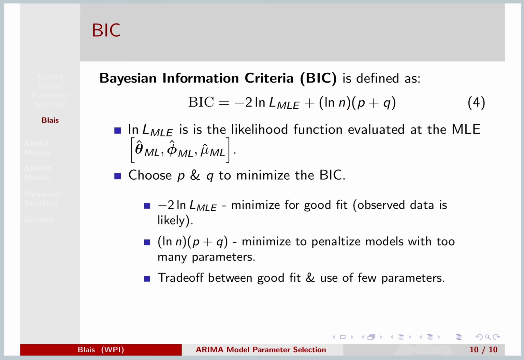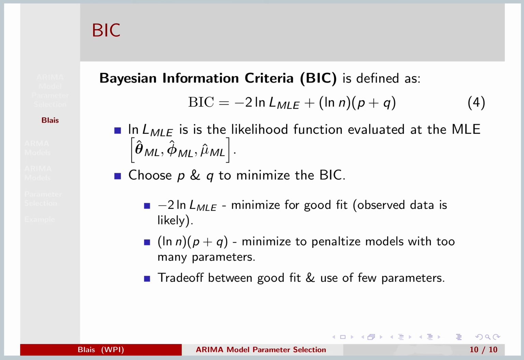So again, the first term is the log likelihood evaluated at the maximum likelihood estimators for our parameters. So minimizing that term, again, is a goodness of fit. The lower this first term, the more likely our observed data is under the model.